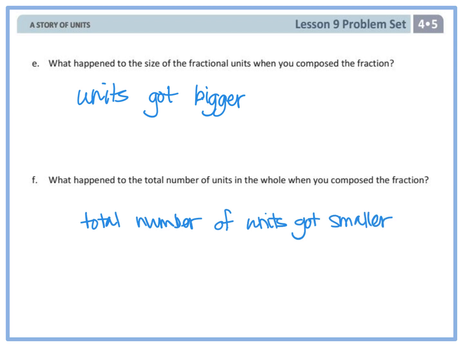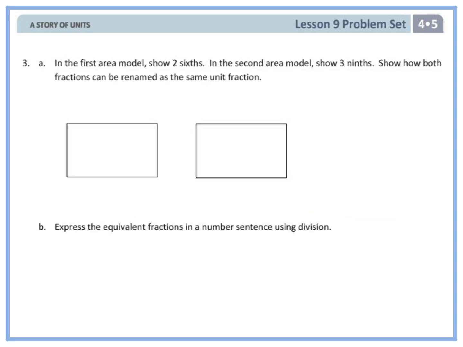All right. For this right here, they're asking you to show 2/6 in our first area model. So I'm going to do it a little bit different. I'm going to do it a little bit how we did last time. Oh, so not even. You know what? I have to erase that because that really bugs me.